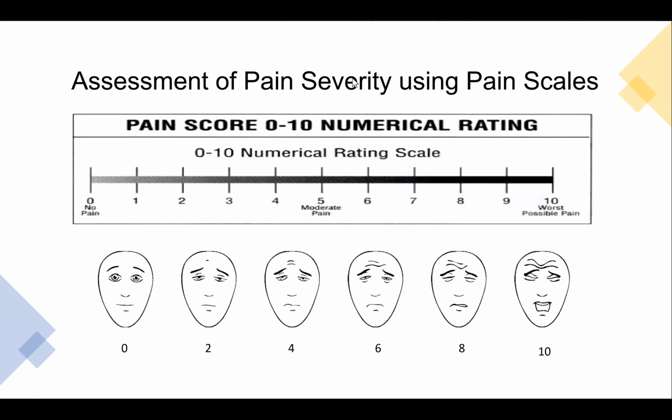For children above 3 years, we use a Wong-Baker or the faces scale, where again we show the child these faces and we ask them to choose a face that corresponds to their pain. So 0 is a smiling face and 10 is a crying face. So again, 0 is no pain and 10 is the worst possible pain. Next.